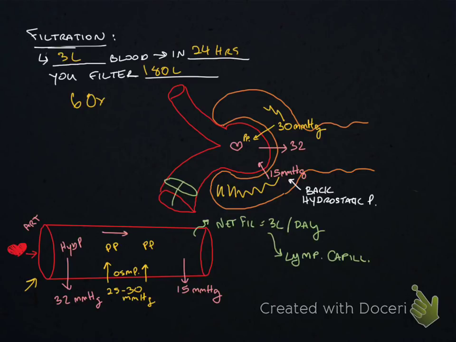The afferent arteriole, we said, has a larger diameter versus the efferent arteriole, and that causes some pressure dynamics. All in all, we don't have very much filtration, but due to these different diameters of vessels, we get a pressure out of about 23 millimeters of mercury, increasing our net filtration. That means the fluid moves into Bowman's capsule.